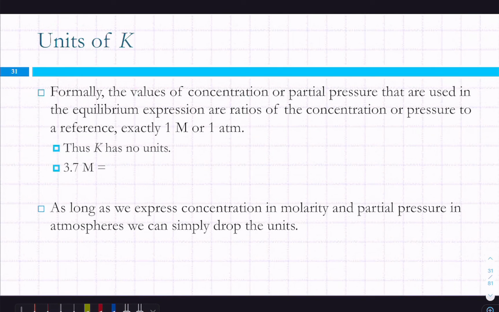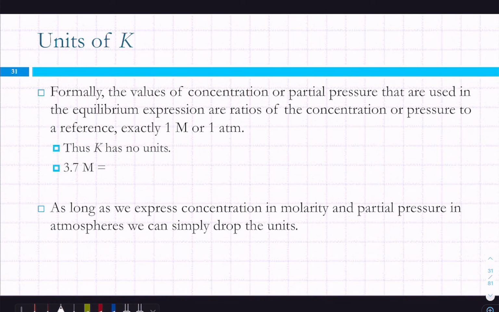I haven't pointed this out, and maybe you hadn't even thought of it, but K is unitless. Without going into any depth, it's a little bit hand-wavy, but it's because we're assuming that everything is ideal. And so these Kc values are all relative to standard concentrations or standard pressures.